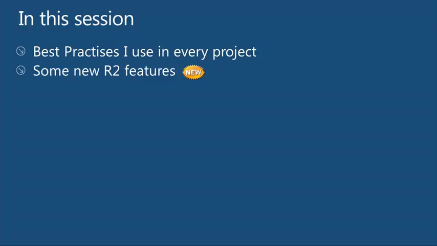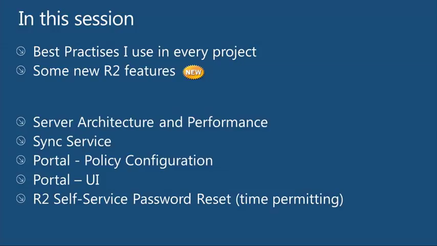And along the way, if we pass by some new R2 features, I'm going to point them out. This is not an R2 update session, and you can go and read all the fine documentation about all the R2 new features, but I will point out any new ones as we go. So I'm going to be focusing on server architecture, sync service, portal, and we will get to self-service password reset. I've got a few slides on that at the end.